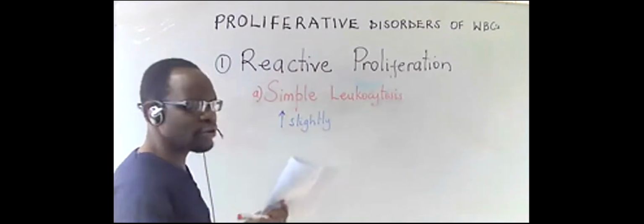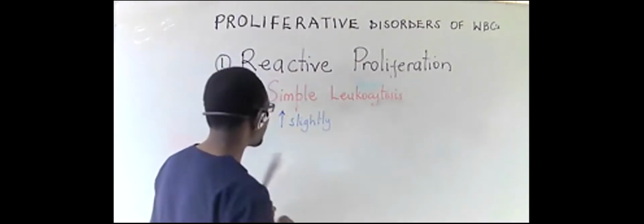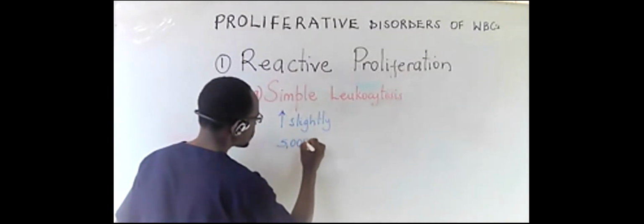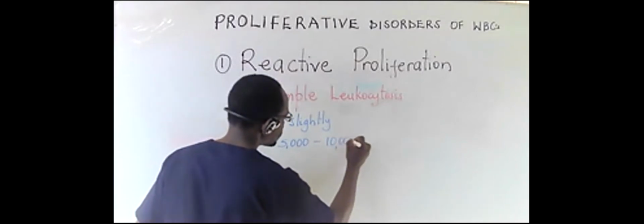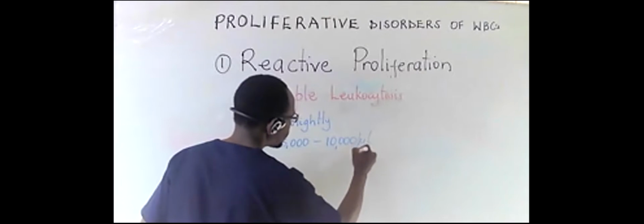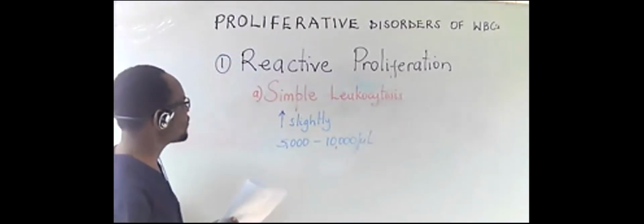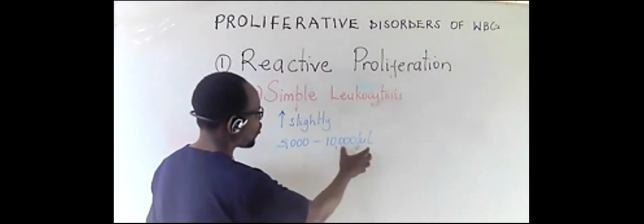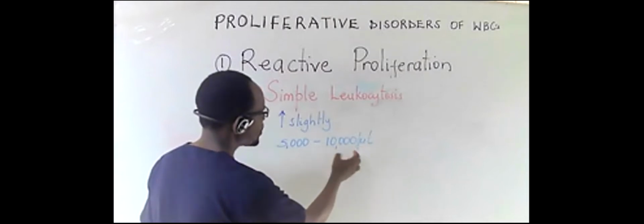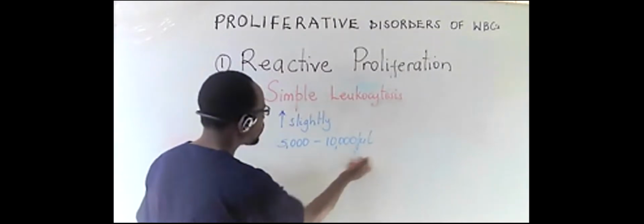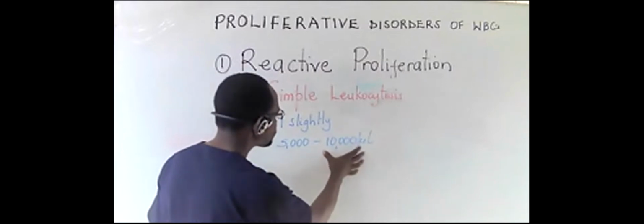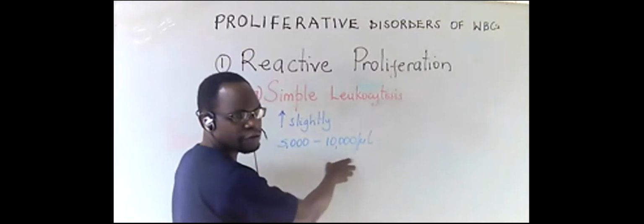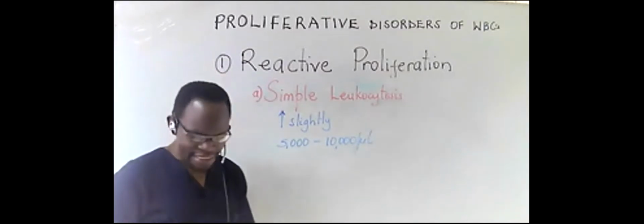Remember, we said the normal is about 5,000 to 10,000 per microliter. So in a simple leukocytosis, you can have maybe an increment of up to 12,000, or maybe an increase of about 15,000. That is what we refer to as a simple leukocytosis.